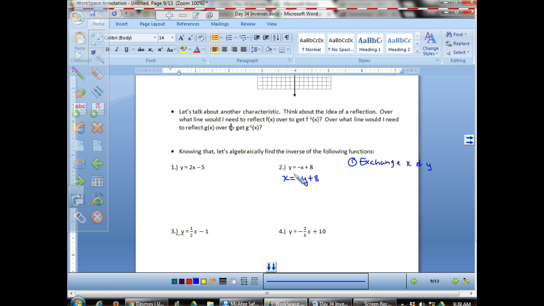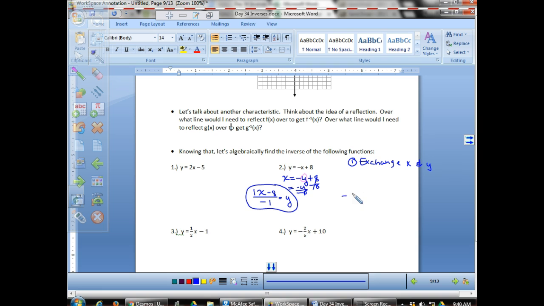Then I'm going to solve for my y. And like I told you, it's almost like you're turning your function inside out. So to solve for y, first I would subtract 8. And then I have a negative y. And then I'm going to divide by -1. So I'm going to divide by -1 here. So I'm going to kind of tidy this up a little bit. So it's going to be a negative 1 times x plus 8.